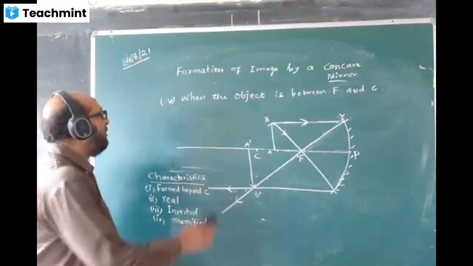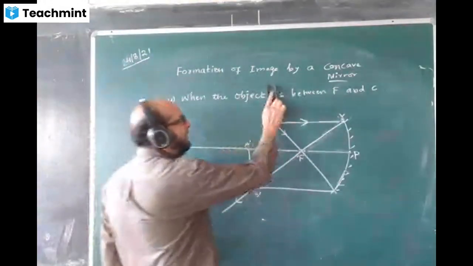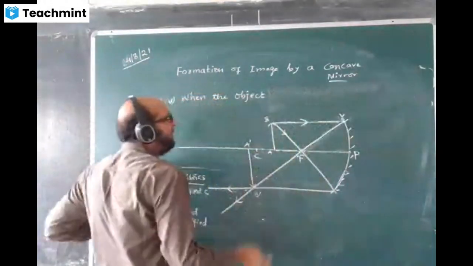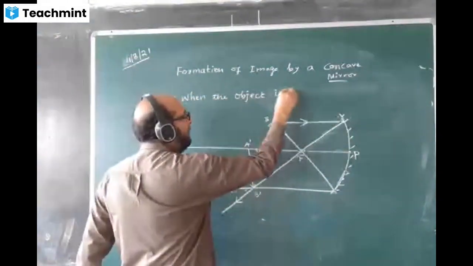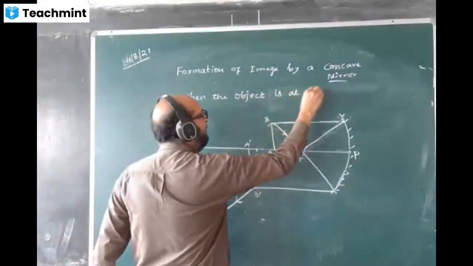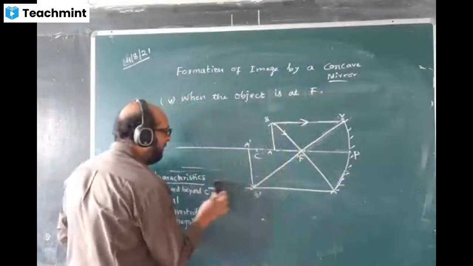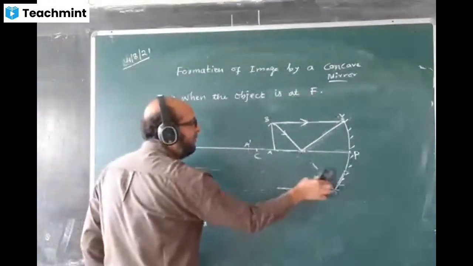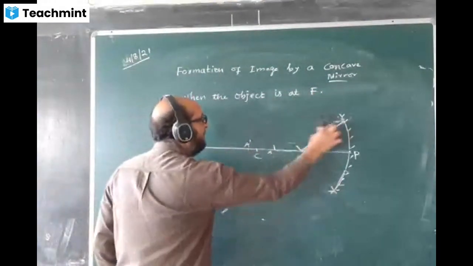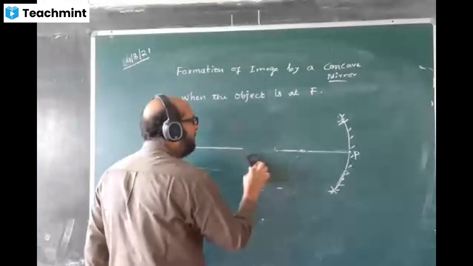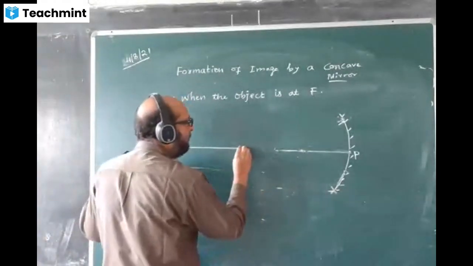So now the next case, case number 5, when the object is at F, at the focus. Again we draw the same thing on the line, 2 centimeters, as we have done before.